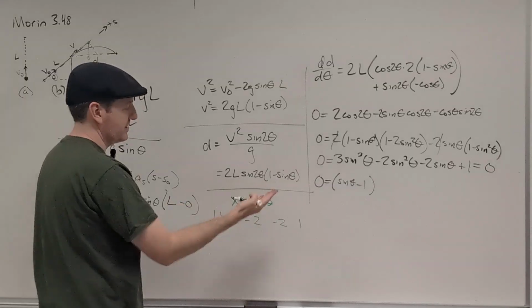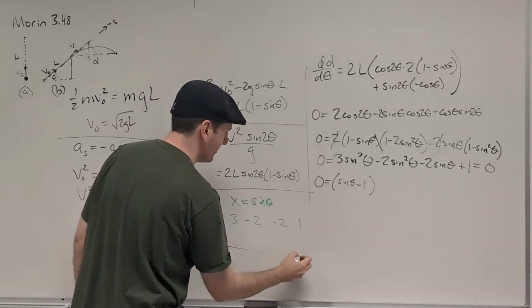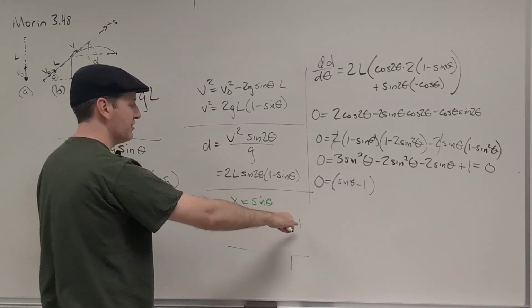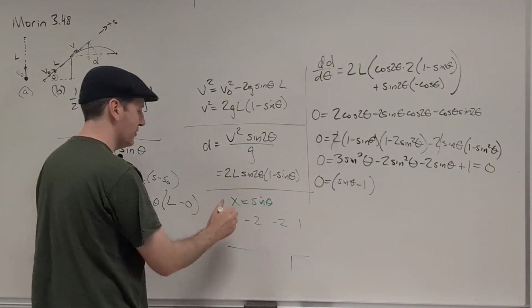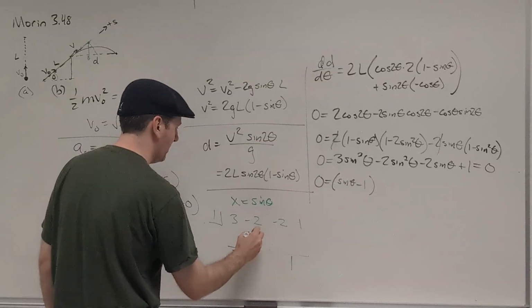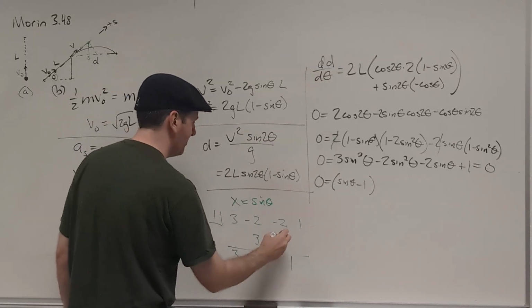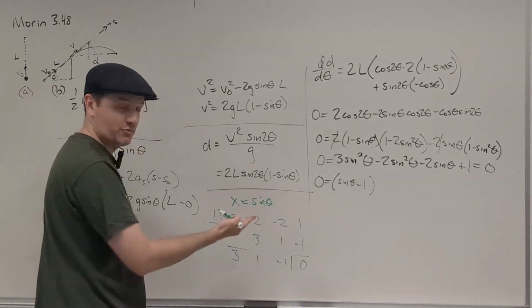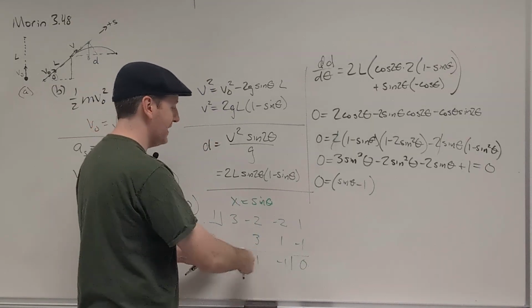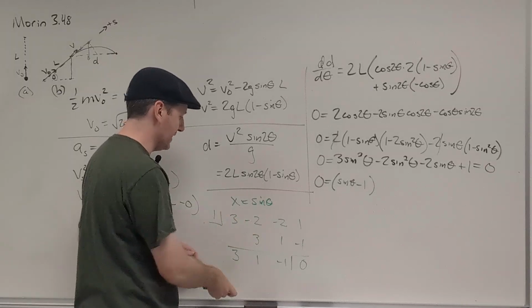This is the way I learned it in school. You write down your coefficients, put in the root you're trying to factor out, and then you drop this down, multiply, add, multiply, add, multiply. Oh, look, it was a root.